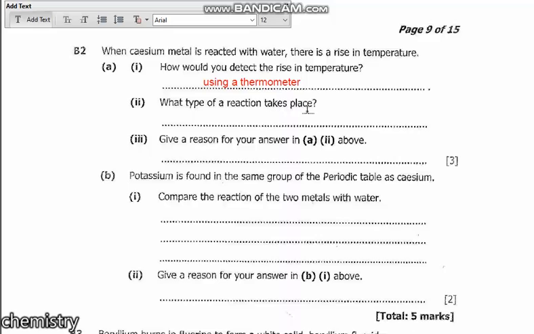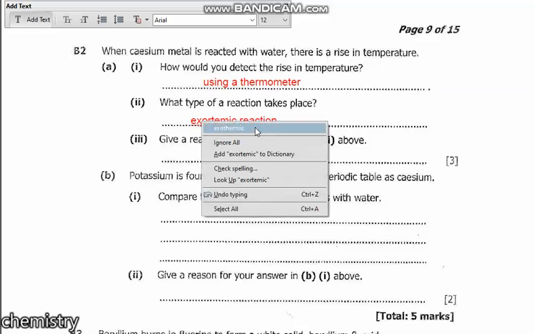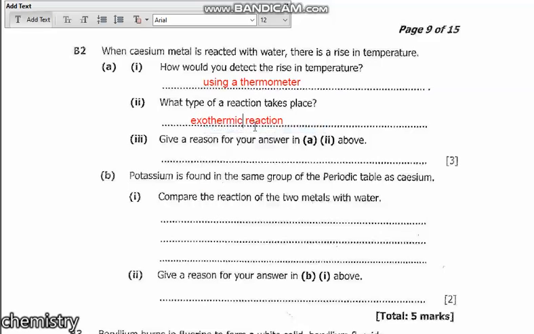What type of reaction takes place? Now remember, there's a rise in temperature. We have two types of reactions. We have endothermic and exothermic. So for a rise in temperature, that means there's a loss of heat to the surrounding. Therefore, that's an exothermic reaction. Exothermic reaction, remember, involves the loss of heat to the surrounding, while endothermic involves the gain of heat.